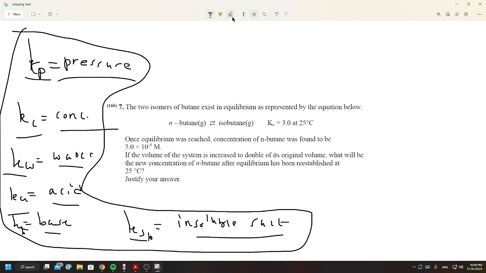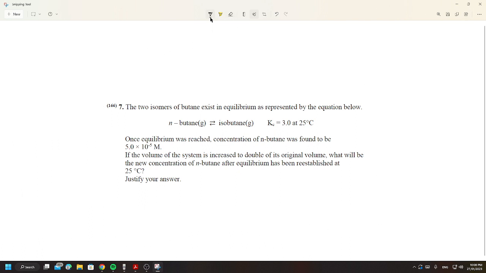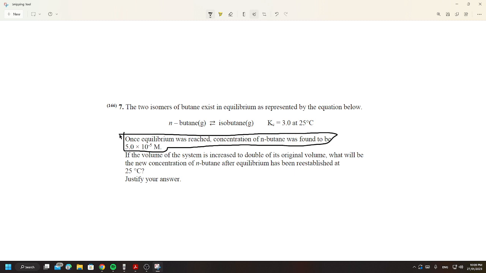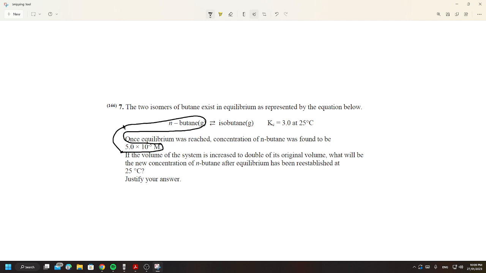Okay, let's see. Once the equilibrium was reached, the concentration of n-butane was found to be, at equilibrium.